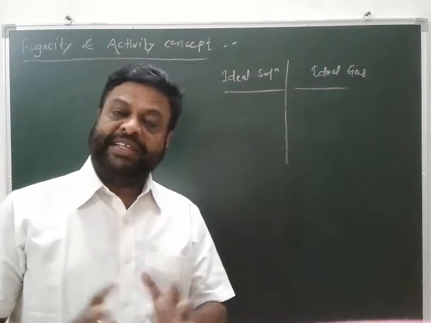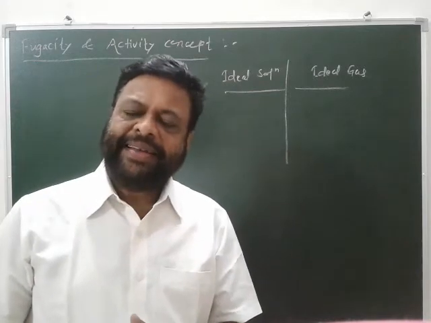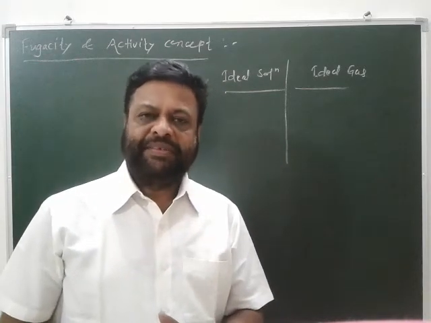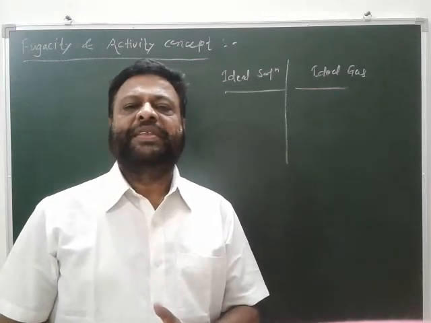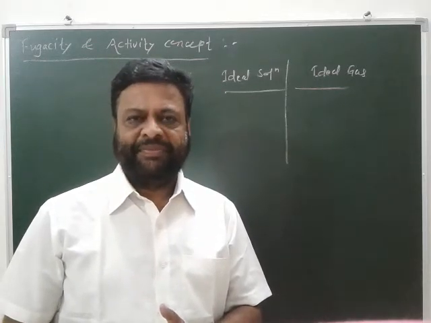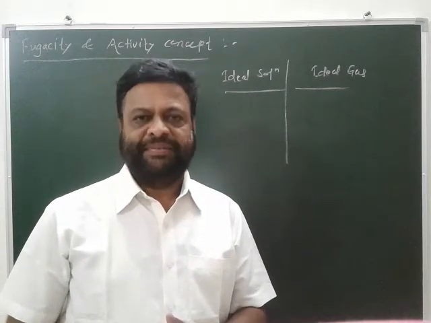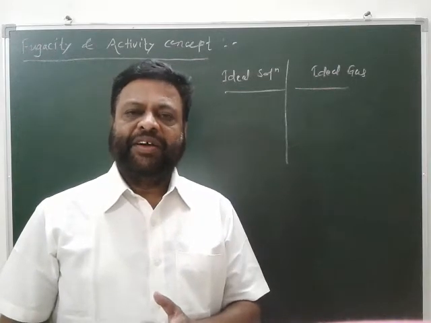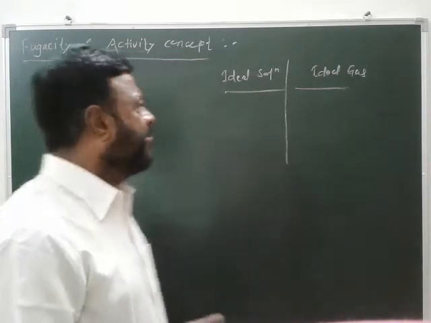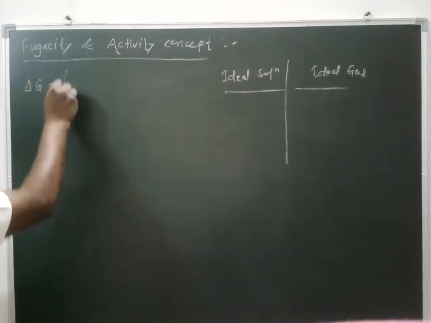But when the solution is at low concentration and the real gases are at high pressure, then there is deviation from the ideal behavior, and that's why we are going to consider this deviation.